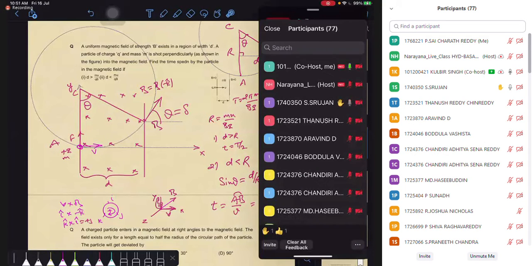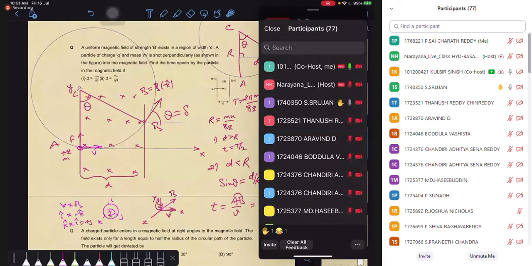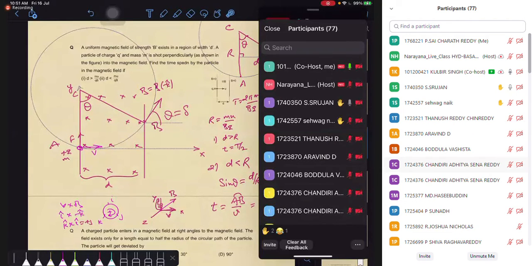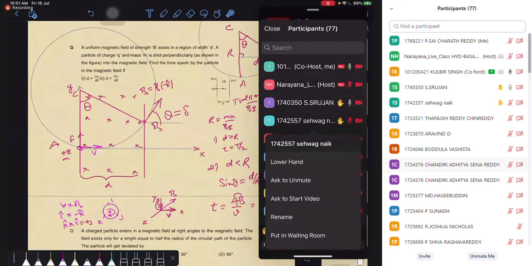Sir, yes, Sujan. Sir, when did the class start, sir? 11, or sorry, 10:15. Timing changed today, beta. 10:15 to 12:45. You have no idea about the timing? No, sir, just now I have seen the message. They did not inform me before also.